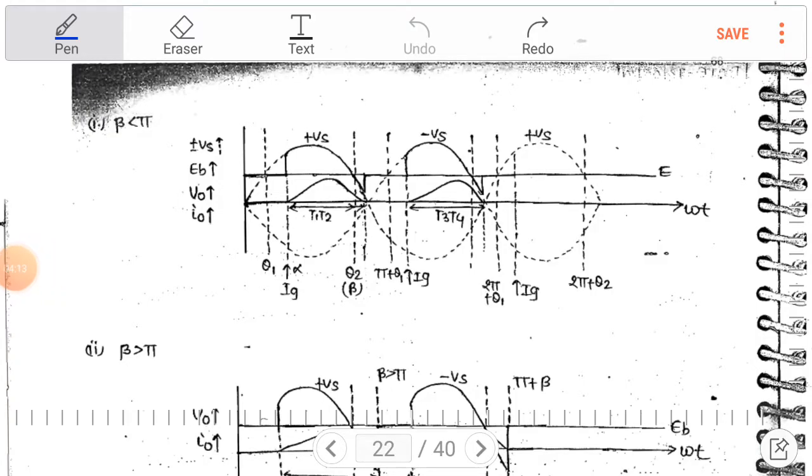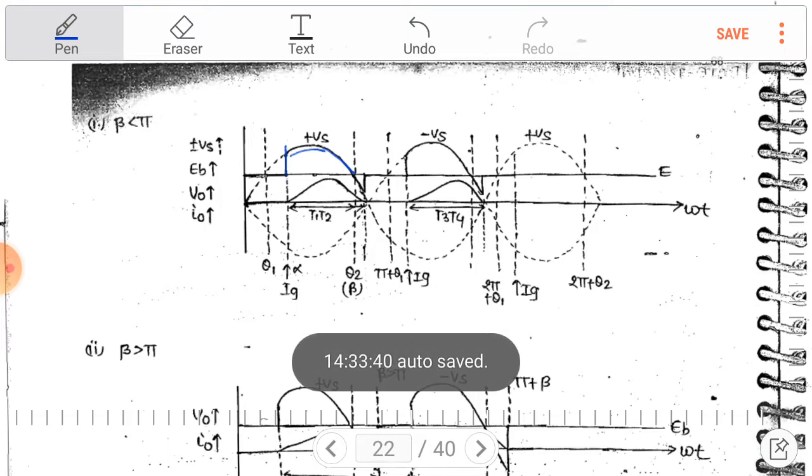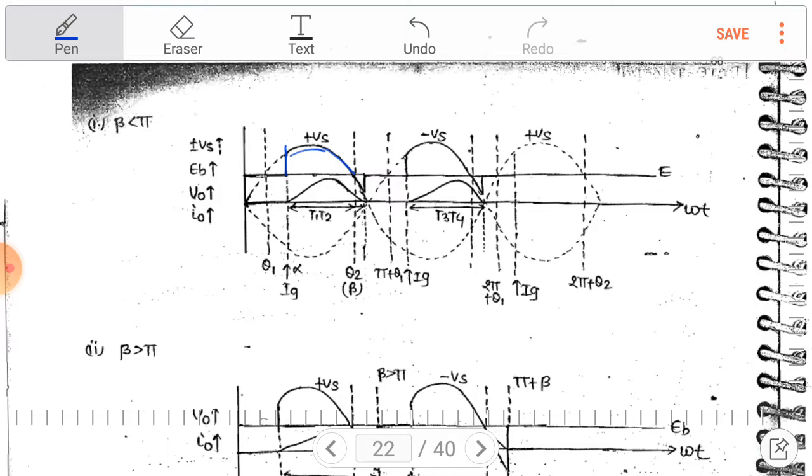We can see from here that when T1 T2 are conducting, V output equals Vs, and when V output is greater than E, the current is charging and rising. When V output is less than E at this point, the current starts discharging and it will decay to 0.